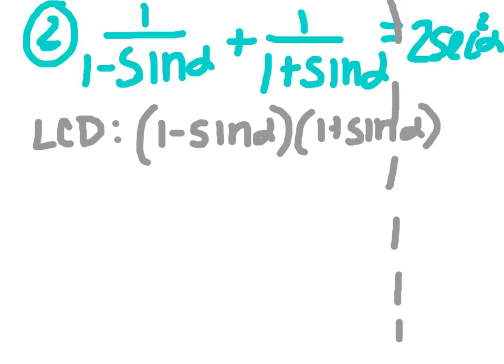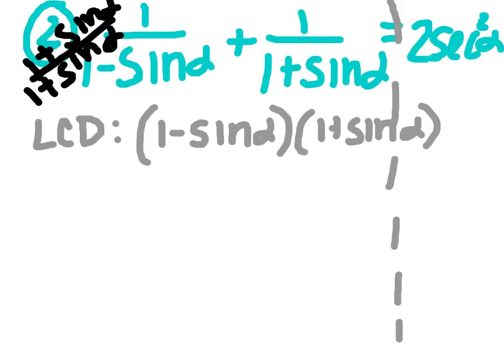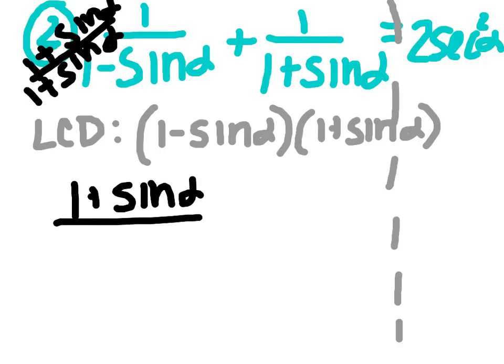So if we look at this, I know for this very first fraction, I need to multiply, let me change my color here, by 1 plus sine over 1 plus sine. So I'm going to get 1 plus sine over 1 minus sine squared.